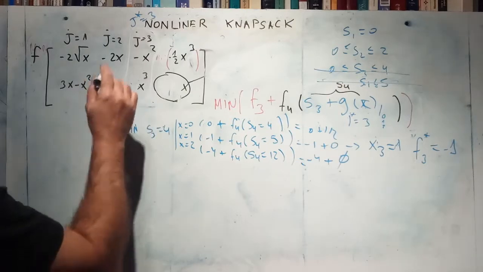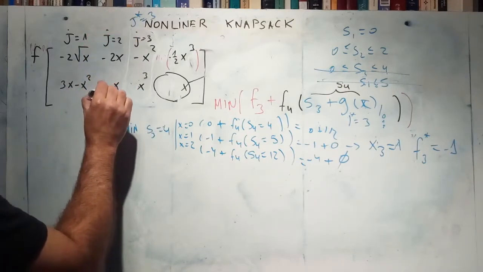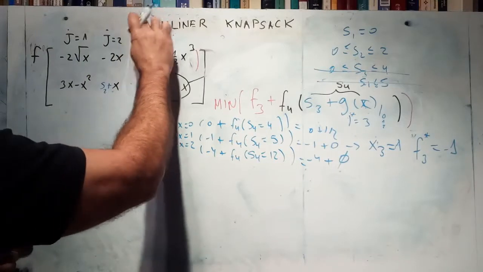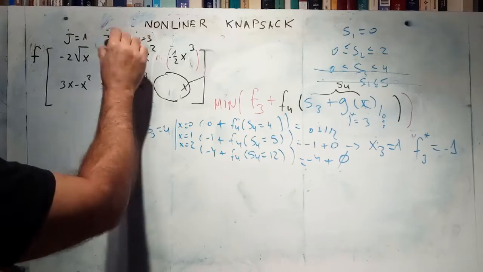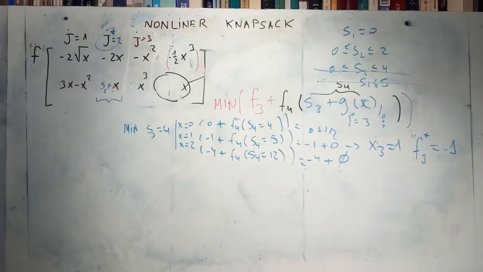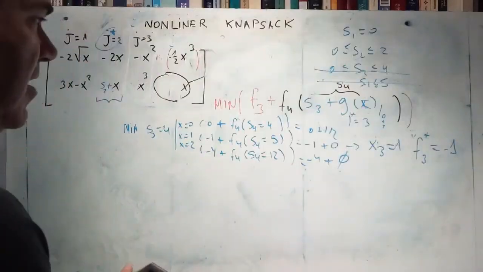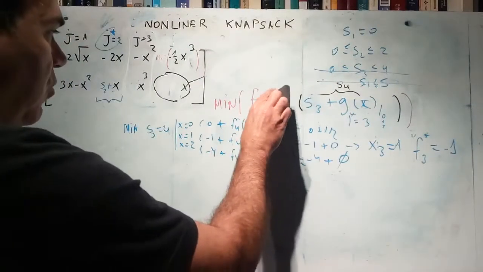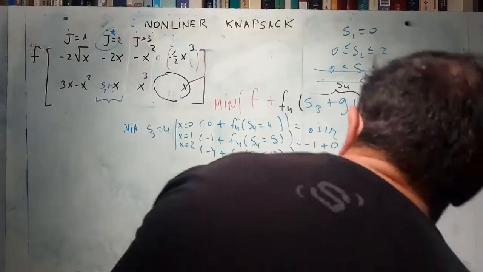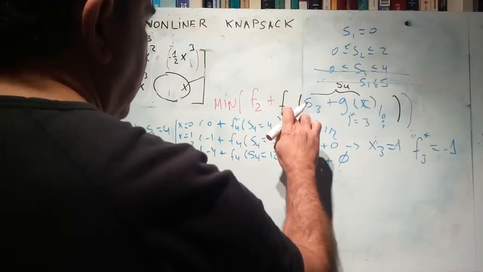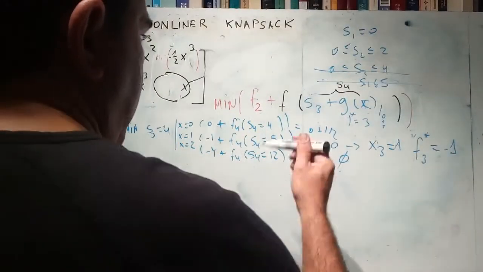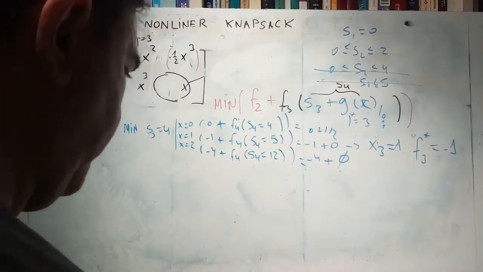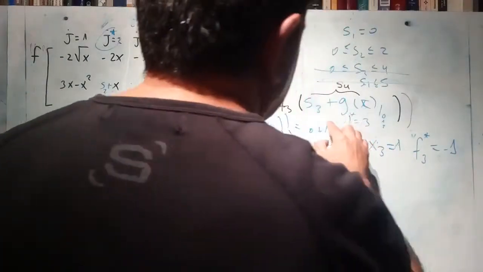To the next column will be summing here S2 plus this value, and our J star is going to be 2. So we are looking at this column right now. Okay, so we will be modifying this in the sense that we want to minimize F2 plus F3 of S2 and G2, right?